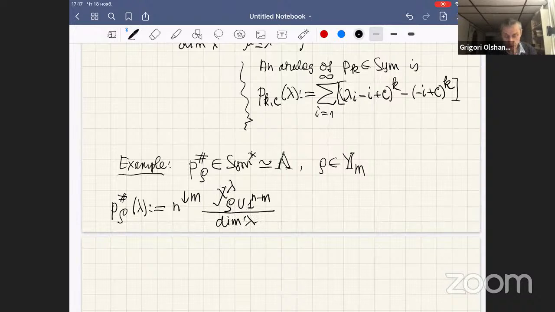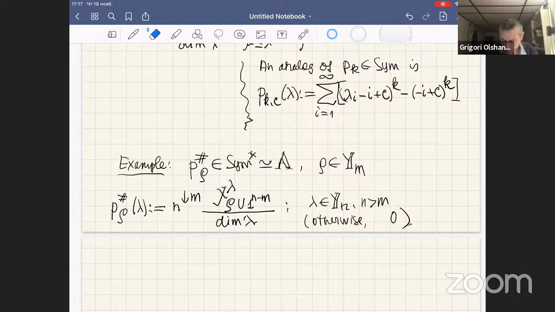So what is written here? I assume here that n is greater than m, otherwise 0.